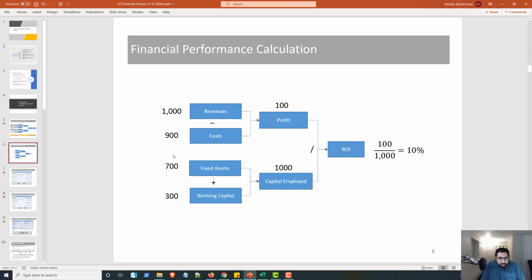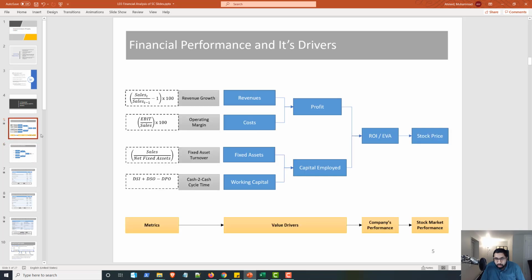Okay, now let's talk about how ROI, such as a 10% return on investment, relates to economic value add. Economic value add is the idea that a company must make more profits or returns on investment than the cost of raising the capital that the company is using.